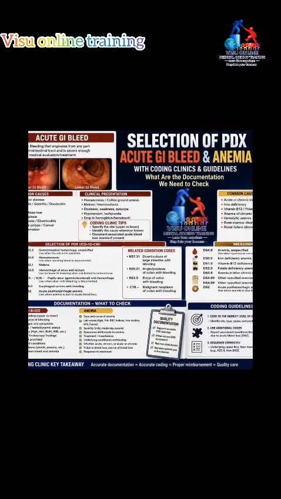The reason for admission is clearly anemia, getting treatment with transfusions, folate, ferrous sulfate, and B12 tablets. This kind of treatment and focus of management is only for anemia, so anemia will be the PDX. That's all, guys.